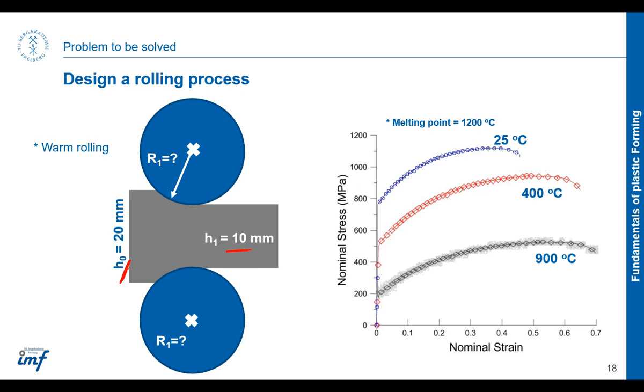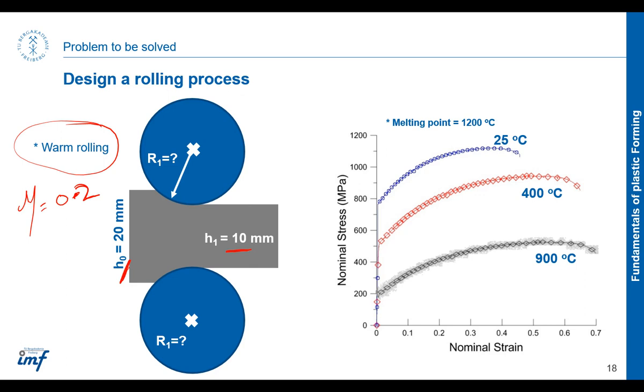And while doing that, we want to keep the conditions of warm rolling. And now you know that during warm rolling, we can reach a maximum friction coefficient of 0.2.